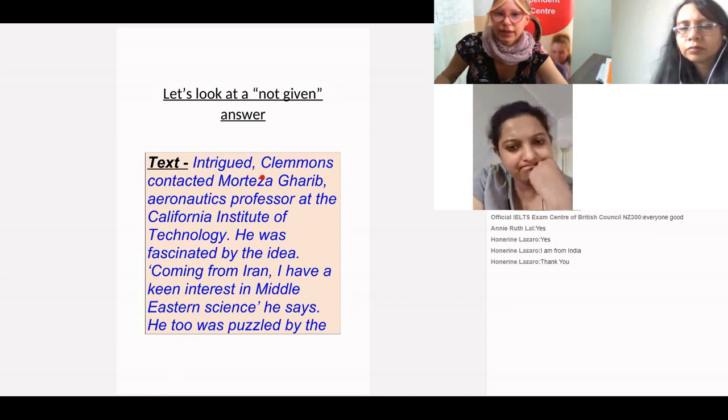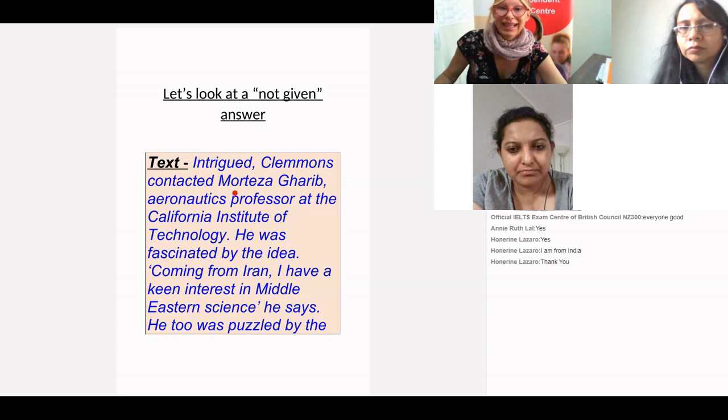And looking at the text again, we can see here is his name, Mortessa Garib, that's his surname. He's a professor at the California Institute of Technology. And it says here, he was fascinated by the idea, okay? Until now, we can't see anything about bird flight, and we can't see anything about experiment, okay?